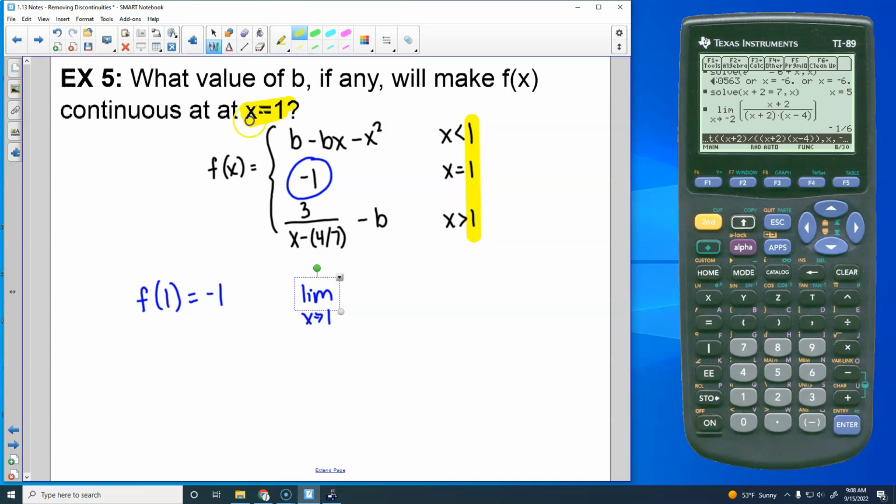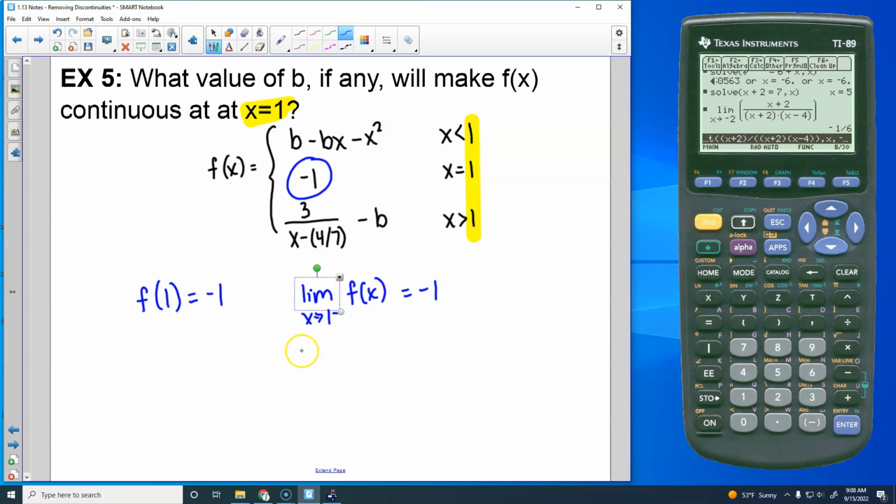And it's only worried about continuous at x equals 1, because technically this is not going to be continuous at 4/7 either. But we're only worried about 1, even though it's not defined there. So, the limit as x approaches 1 from the left of f of x, I could set it equal to the limit from the right, or I could just set it equal to -1.